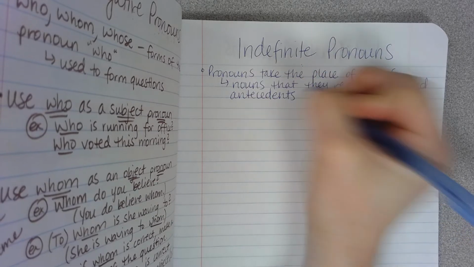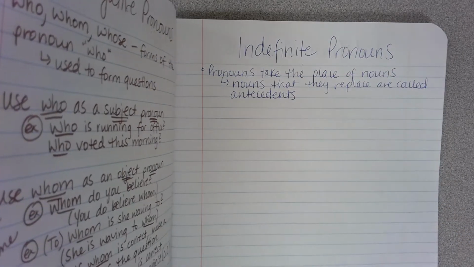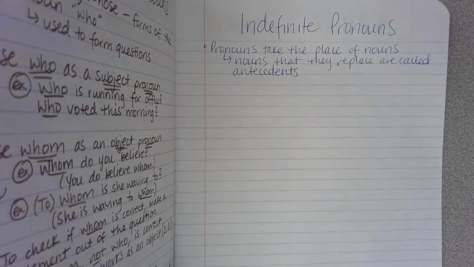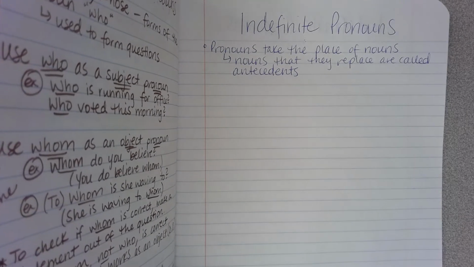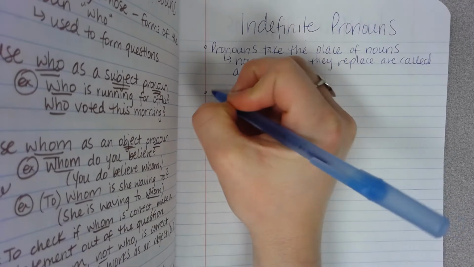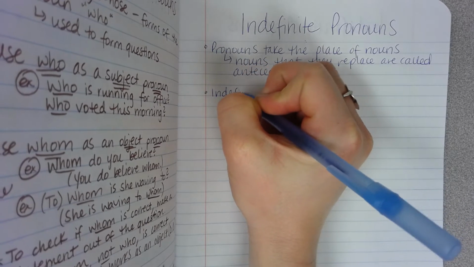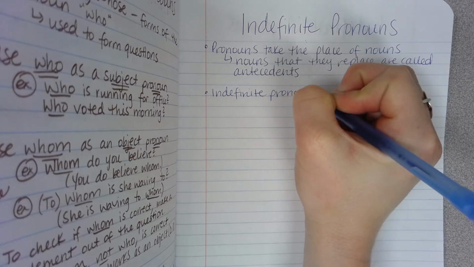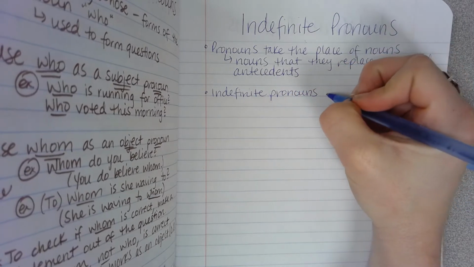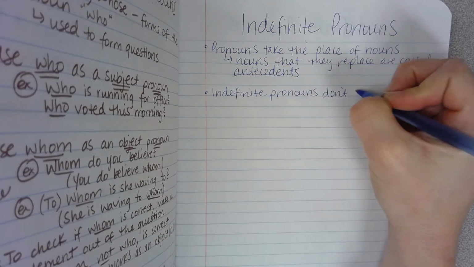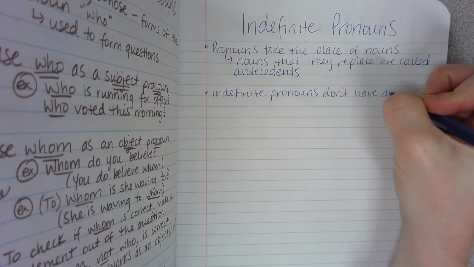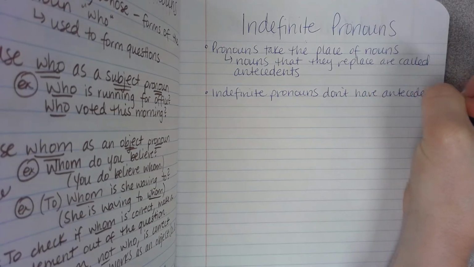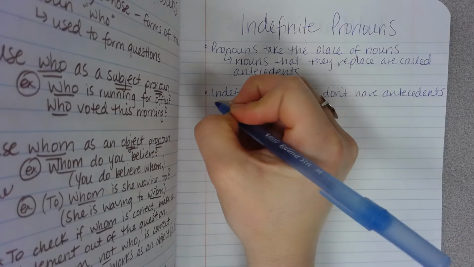So that's like the original noun or the original person or thing that's being talked about. Okay, so we already know that. But now indefinite pronouns don't have antecedents that are definite.